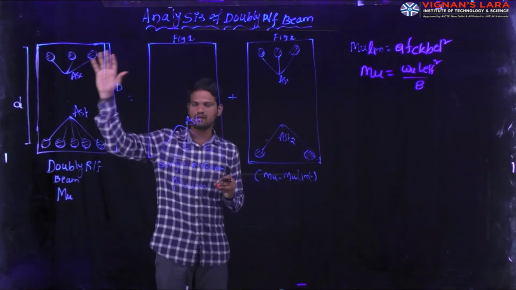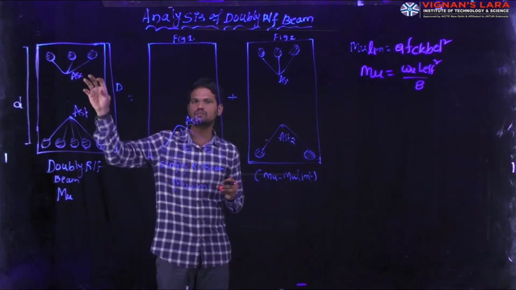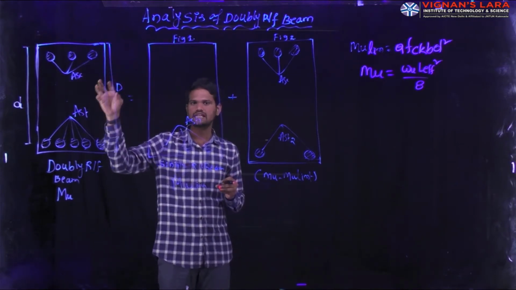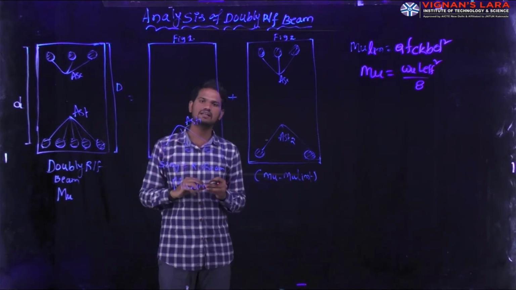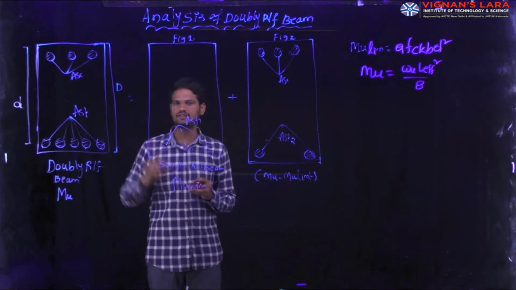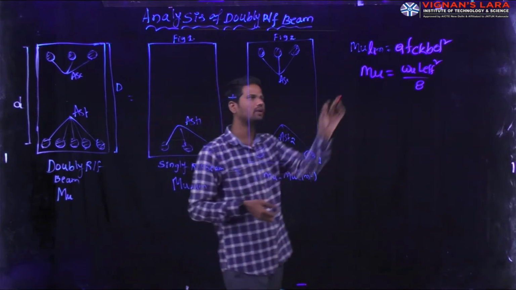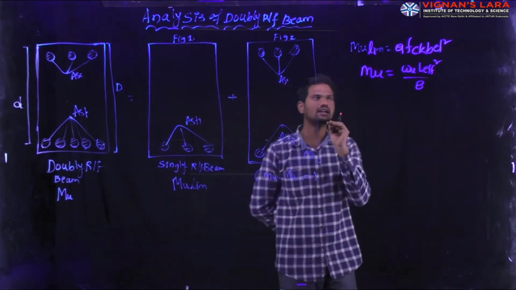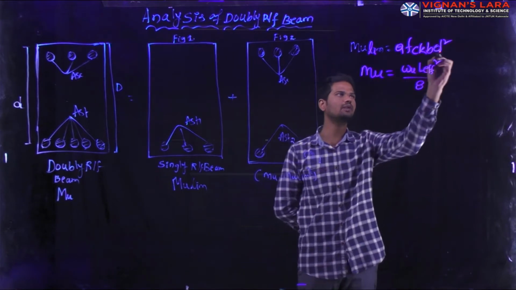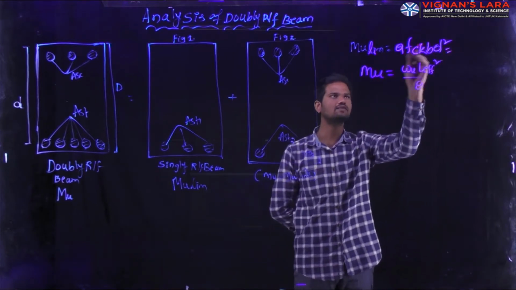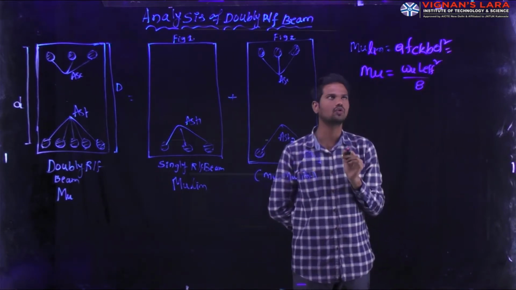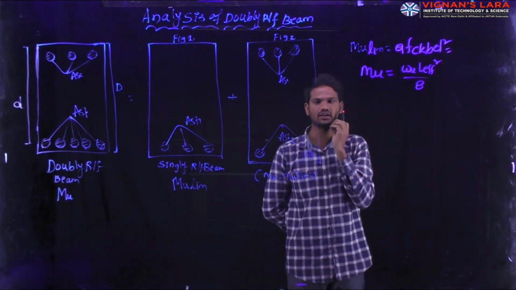That means how much moment a beam can carry. After fixing some width and depth of the beam, and providing the concrete and the area of steel reinforcement, we calculate the limiting moment of resistance: Mu limit equals Q into fck into b d square.